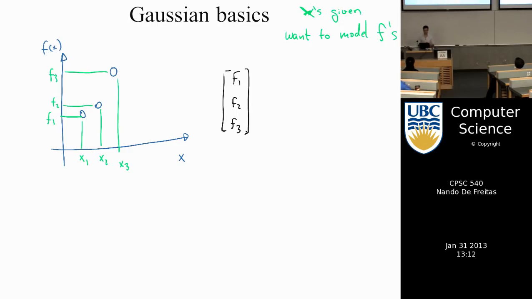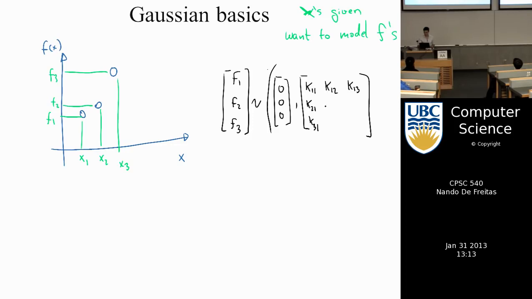I'm going to assume that that vector, for simplicity, has 0 mean, and that it has a covariance matrix, which I'm just going to call K11, K12, K13, K21, K31, K22, K32, K23, and K33.